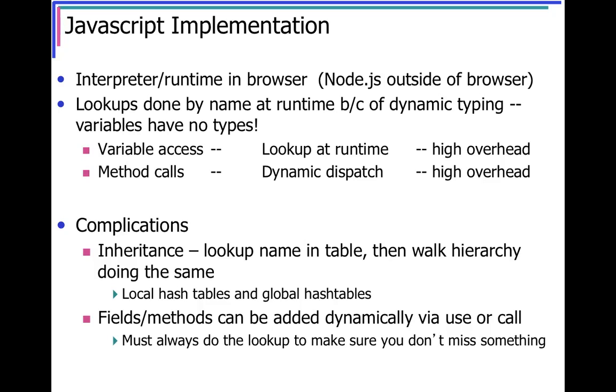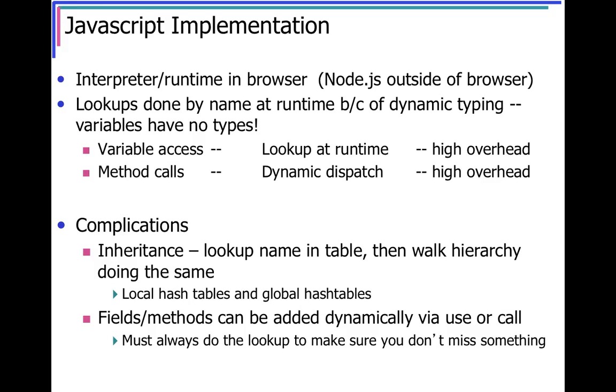JavaScript complicates matters because of its implementation of inheritance. I'll speak a bit more about this in the next slide. However, inheritance requires a lookup for every single level of the hierarchy, and this includes lookups that employ local hash tables as well as global hash tables, which complicates matters.